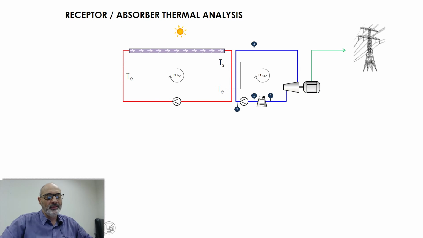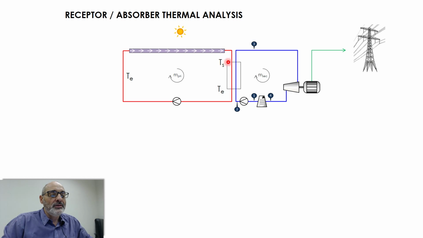Let's move to take a look at the architecture of our system. As I mentioned, we have this collector tube. L is the total length here. The diameter is D. And the working fluid of the primary cycle has a flow rate M primary here. It enters at TE, and at the output it's heated to TS.